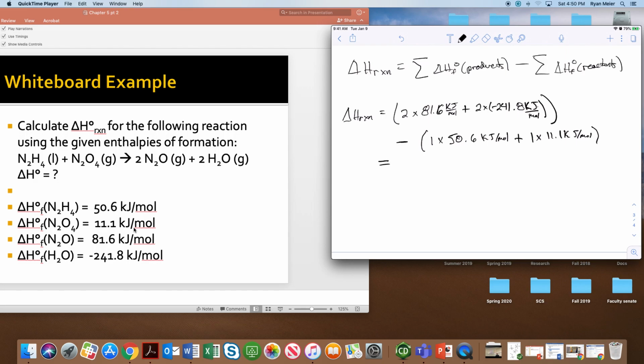Now it's just a matter of actually doing all of the algebra to put all of this together. Right, so I'm going to actually calculate this here as we go. I didn't have this one done ahead of time.